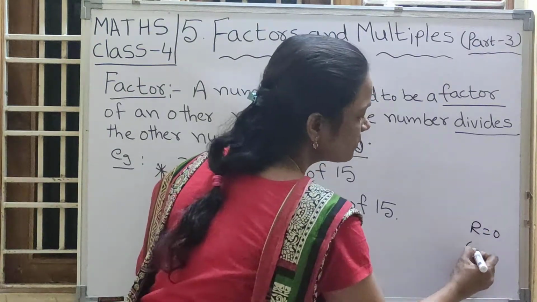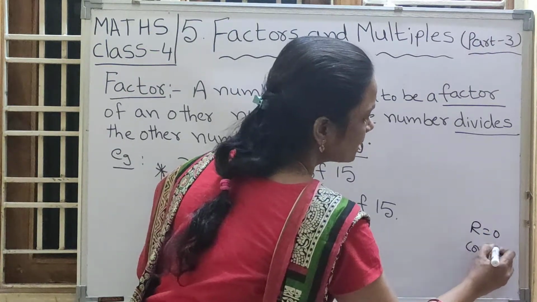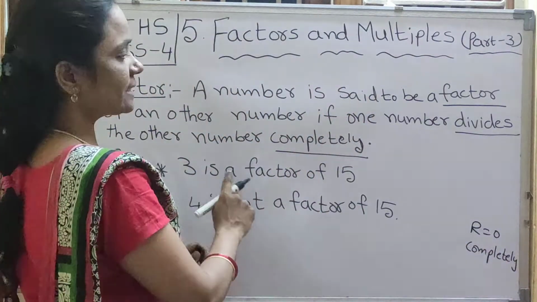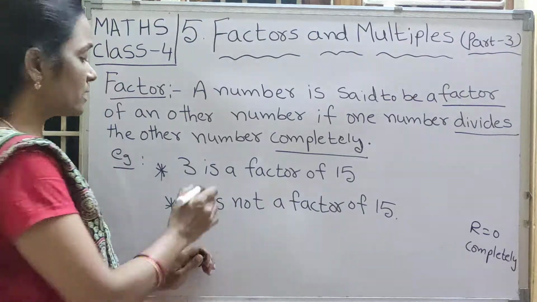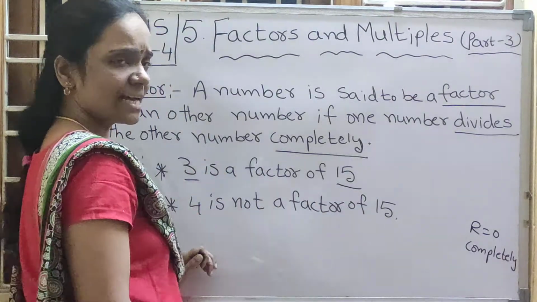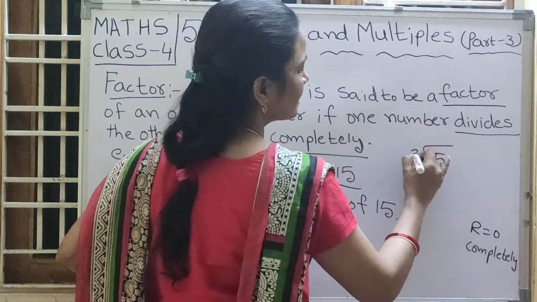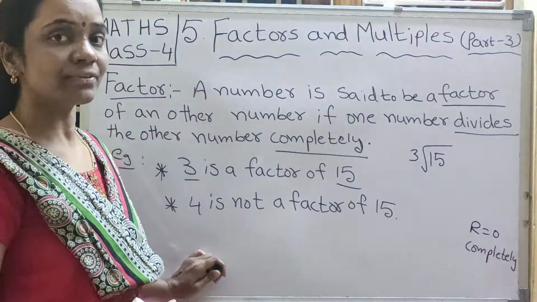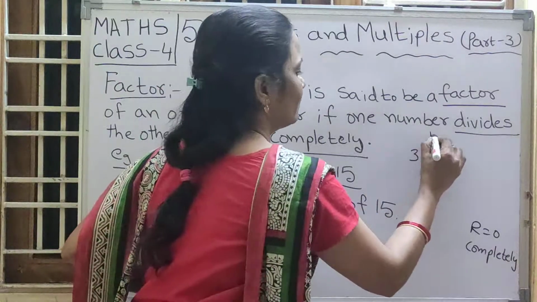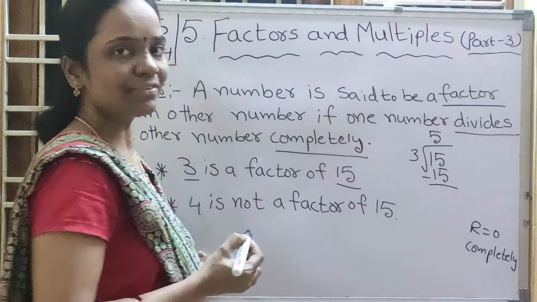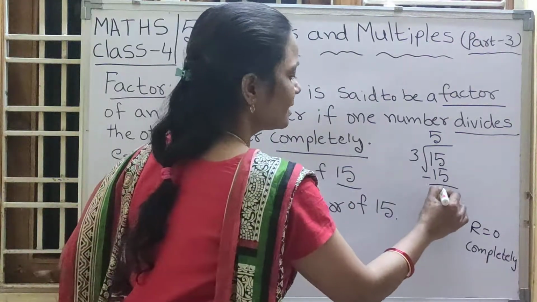If remainder is 0, we can say that it is completely divided. So take 3 is a factor of 15. Why? Because 3 divides 15 exactly. Shall we check? 3 table, when do you get 15? 3 5s are 15. 15 minus 15 is 0.